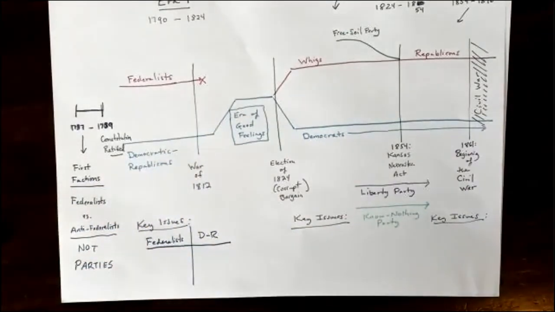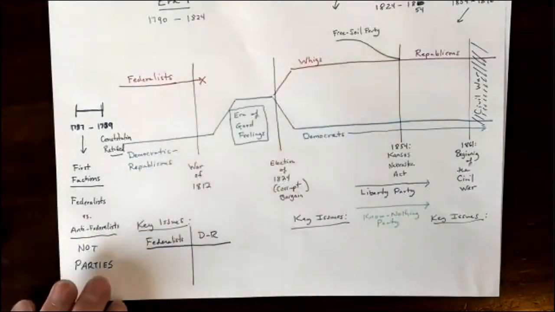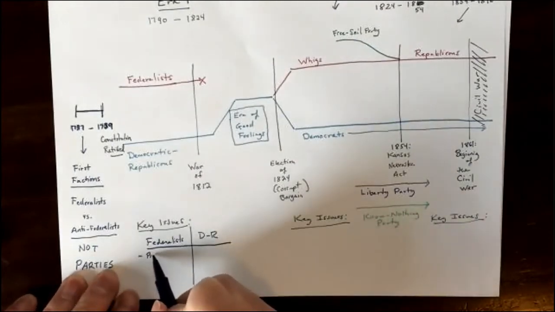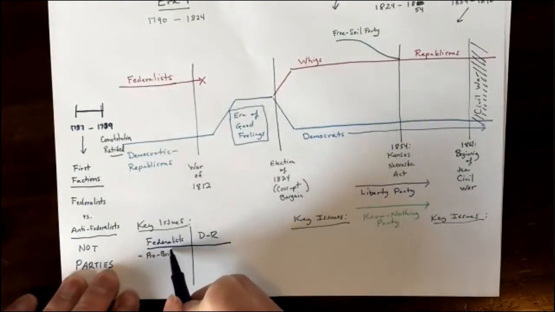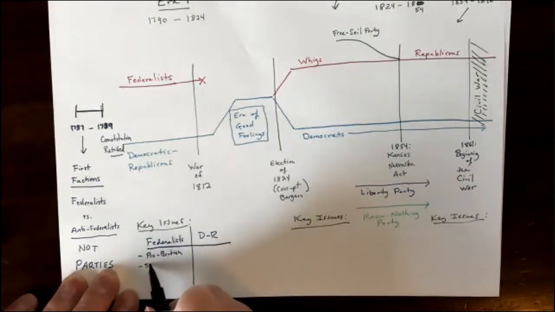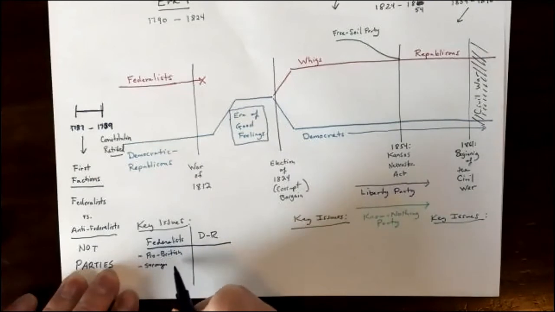Well, I said there's a number of issues that were separating these two original political parties. Obviously, the Federalists are the party of Alexander Hamilton, and so they tended to be more pro-British, because Britain was our greater trade partner and they wanted to stay out of the French Revolution. They wanted a stronger central government.